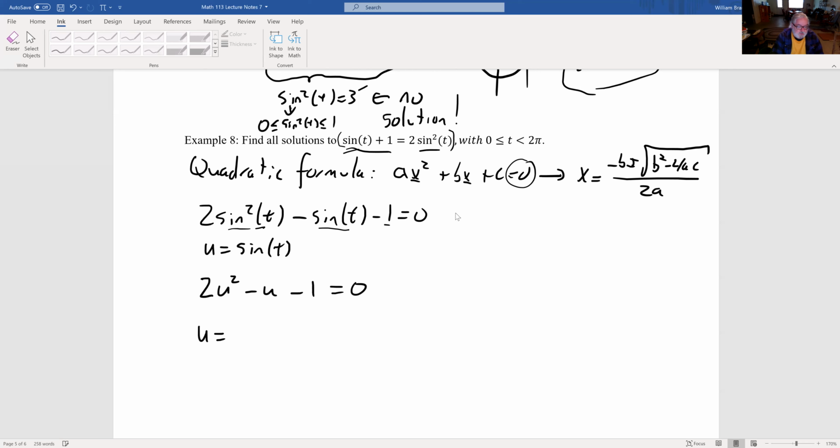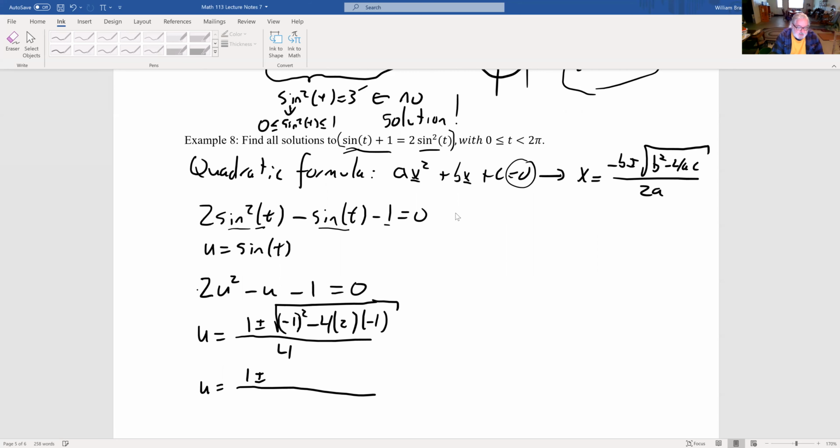What is u equal to? U is equal to negative b, so that's a positive 1, plus or minus the square root of b squared, so minus 1 quantity squared, minus 4 times 2 times minus 1, all over 2a, so that's all over 4. So what do we get inside our square root?